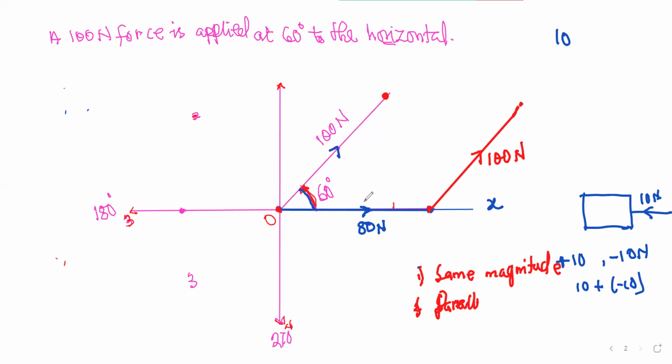I'm also going to draw the equal vector of the 80, and it must have the same magnitude and direction as the 80. So it will also start from here. Its magnitude must also be the same as this, meaning I have to extend the 100 Newton a little bit.